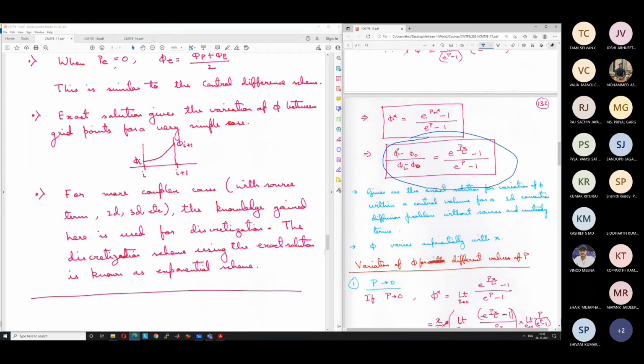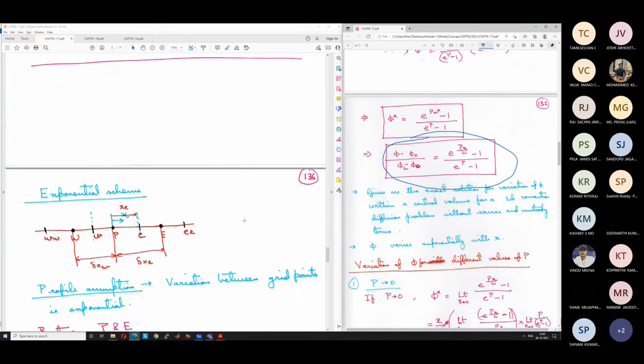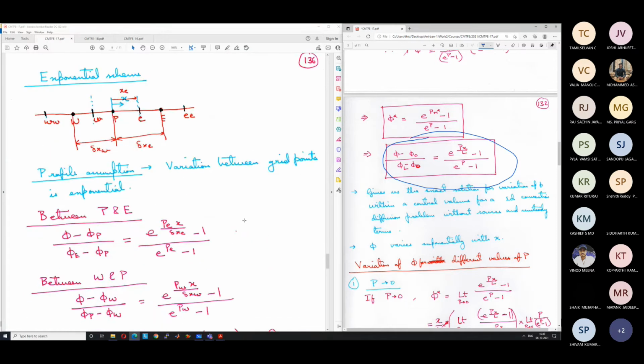The nature of variation will still be similar. Okay. So with this knowledge, now we will try to derive a new discretization scheme, which we will call the exponential scheme. Any questions? So then let us continue.